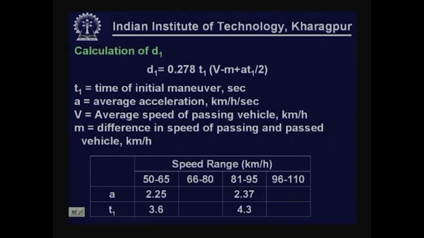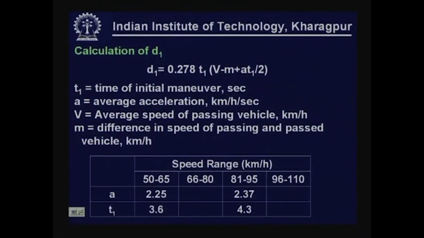Why is it taken as V minus m? Because here also, before overtaking, the fast moving overtaking vehicle is forced to follow the slow moving vehicle in front. Now, the slow moving vehicle is travelling at a speed 15 km per hour lesser than the average speed of the overtaking vehicle. So, this component is taken as V minus m instead of V.